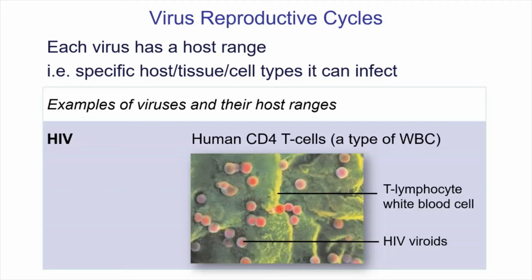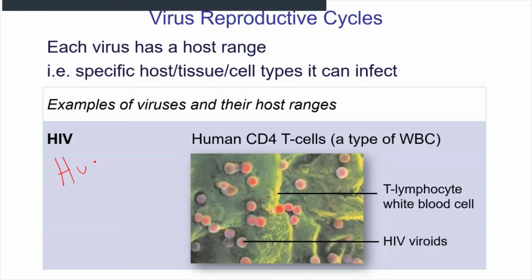So you can see I have an example there, HIV. HIV stands for human immunodeficiency virus. You may or may not know that. And it infects exclusively a type of white blood cell called the CD4 T lymphocyte.